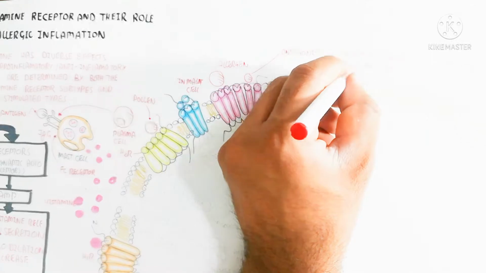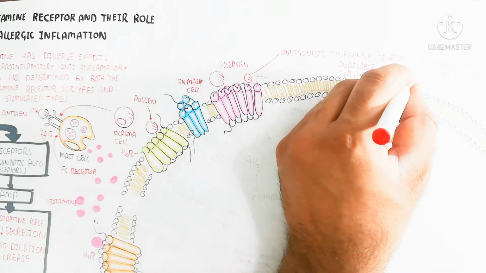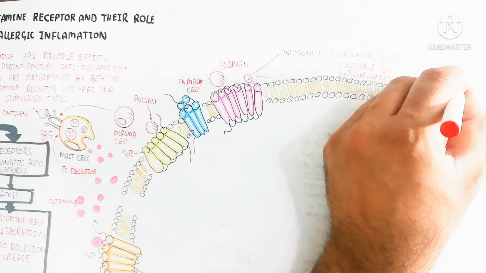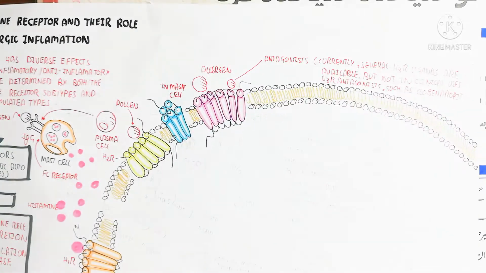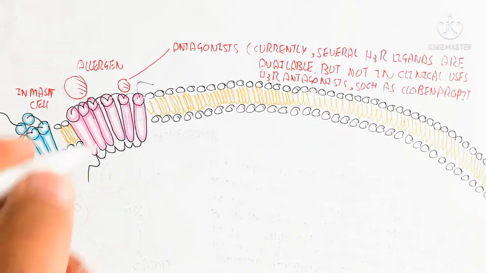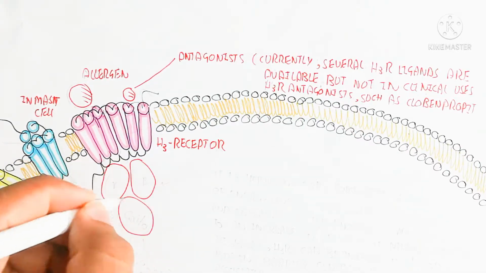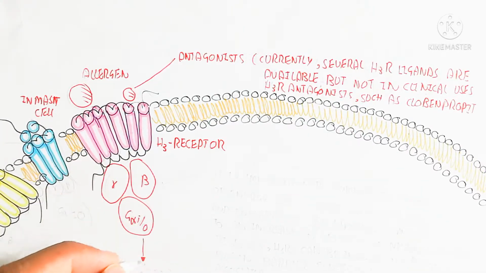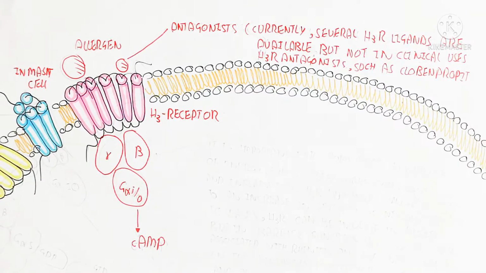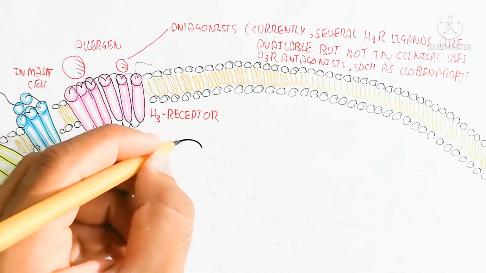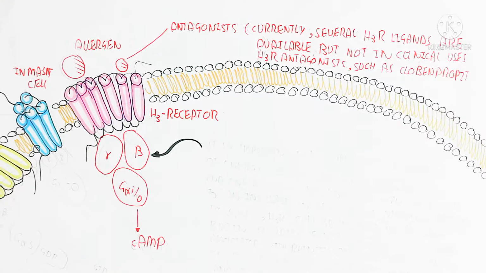Currently several H3R ligands are available but not in clinical use. H3R antagonists such as clobenpropit will bind with the H3 receptor. In this way, the pollen will not bind and histamine will not bind, which leads to inhibition of the reaction.